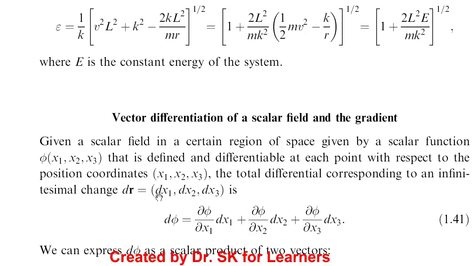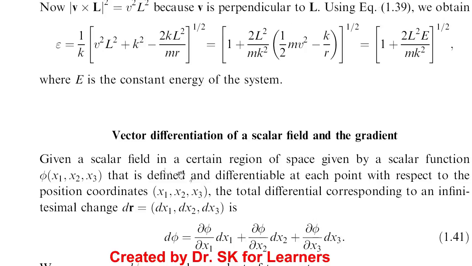So it will be like dx, dy and dz, the three axes. So now if you want to do the differentiation of phi, you'll write it like this, which is known as Euler's theorem. Because phi is a function of x, y and z, you'll have to write the partial derivative of phi by del x. Since del x is there, you'll have to multiply it with dx. And in the same way, the partial derivative of phi. So I'll write it down for easy understanding.